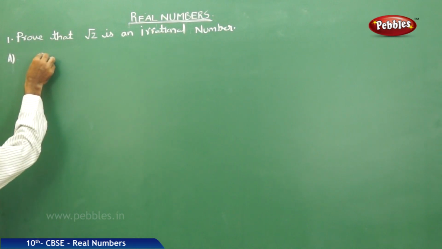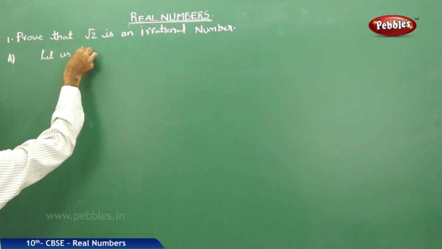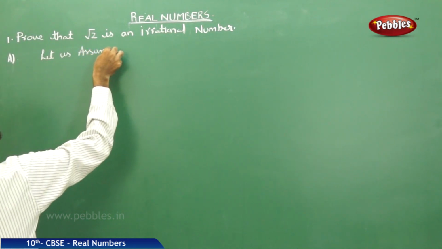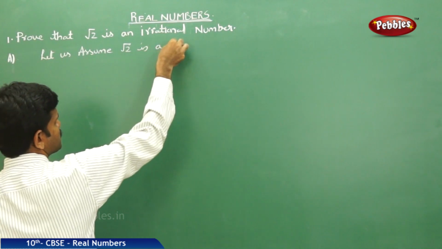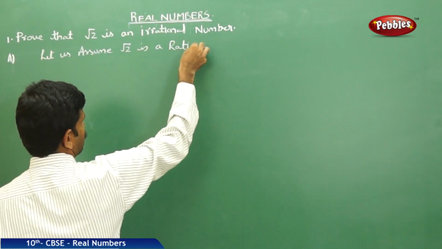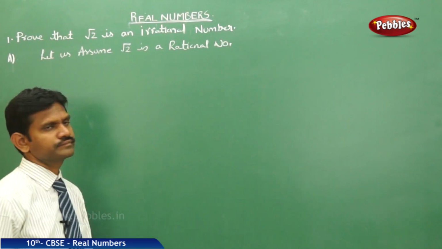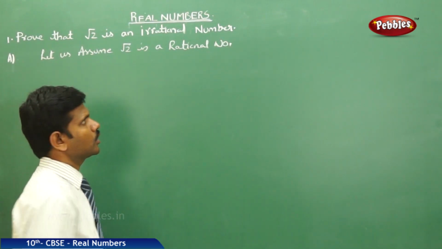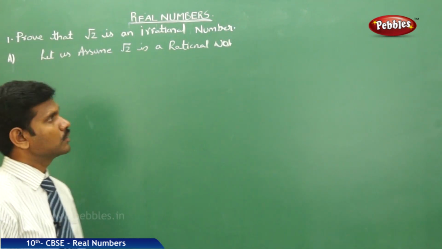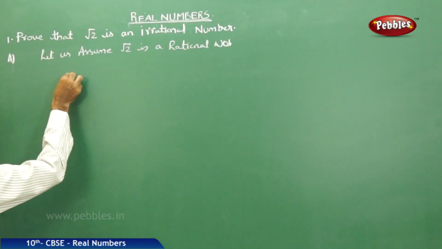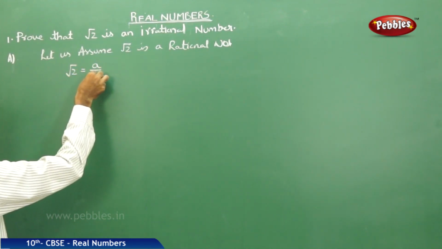Now let us observe. Let us assume root 2 is a rational number. You know very well, every rational number can be expressed as p by q form.